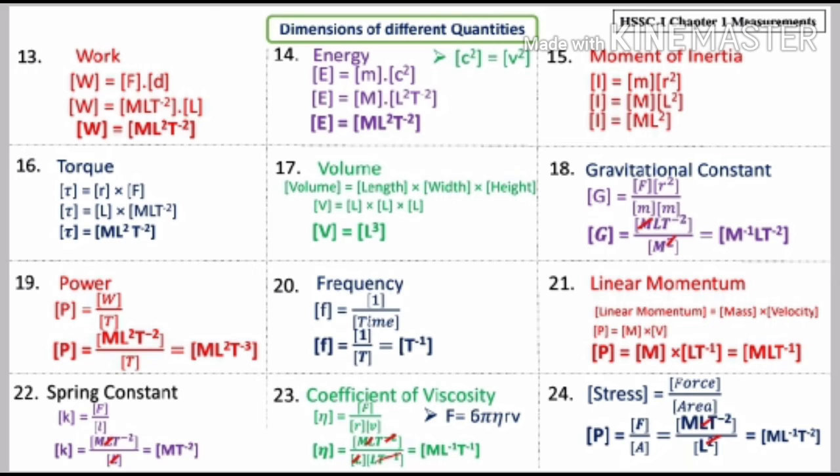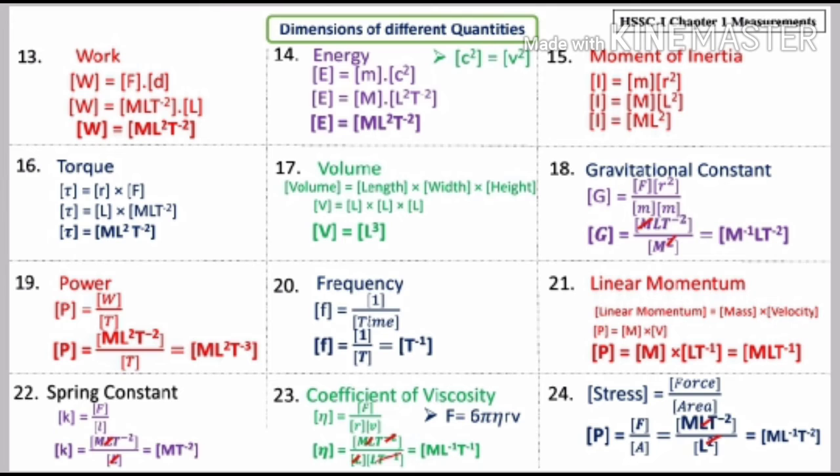Here we will talk about volume, which we already described in a very beautiful way. The dimension of volume is equal to length cube. Then the gravitation constant, which we derive from the law of gravitation. According to the law of gravitation formula, F is equal to G m square over r square.